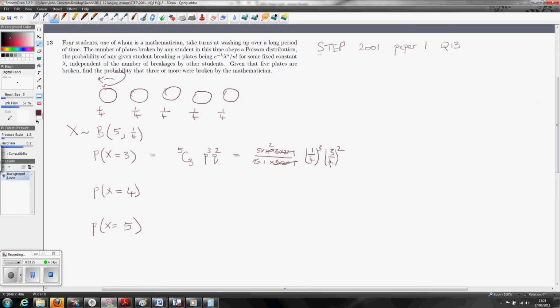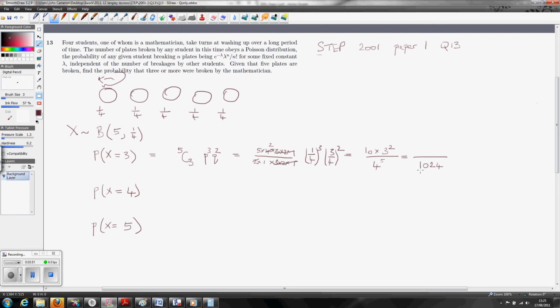Doing this rather slowly, but you can see that those all cancel, but that's going to cancel with that, so we're going to have 10 on the top, and I'm going to leave it as 4 to the power 5 on the bottom for a moment, and then at the top we've got 10 times 3 squared, and that is equal to, well, 4 to the power 5. Well, it turns out that's 1024.